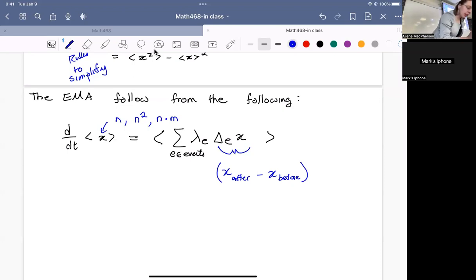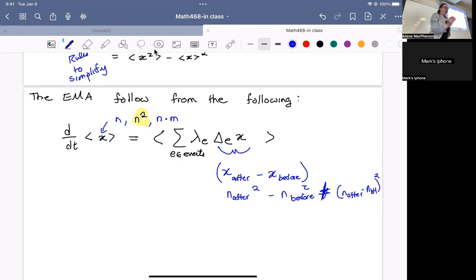Importantly, if I have, for example, n squared, this is n after squared minus n before squared. This does not equal n after minus n before, squared.